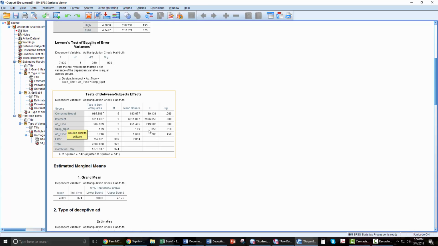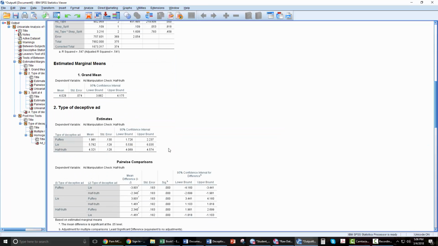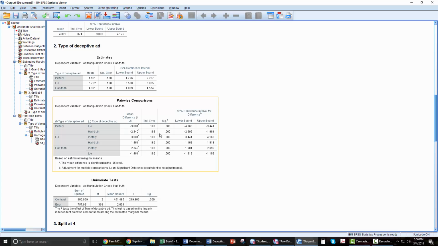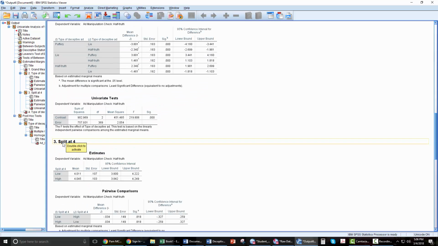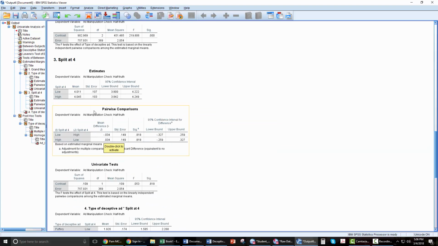Then we would go down and look at these additional tables. This is where we talk about the type of add. Here's our Tukey's test, and we can clearly see that all of these are significantly different from each other. And then for the skepticism split, assuming that we had gotten statistical significance, we would look at this pairwise comparison table.